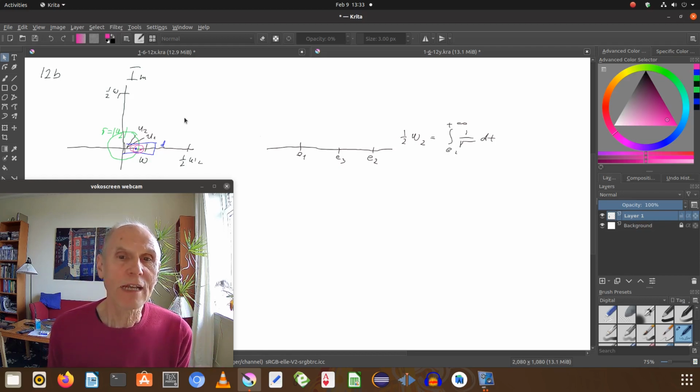So next we have to show that omega 1 and omega 2 actually span the entire lattice. Now I come to think of it, we don't need this at all.